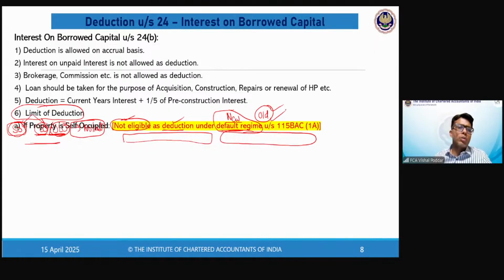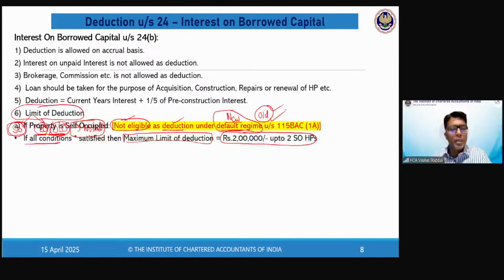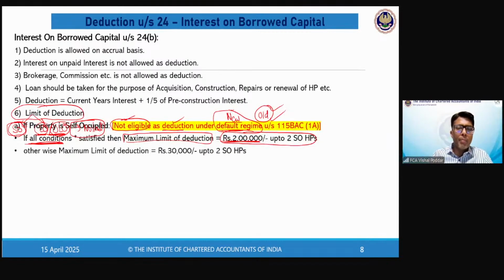But if you want to convert into old regime, then there is a deduction. How much is this deduction? The deduction is up to a maximum limit of rupees 2 lakhs, but this 2 lakhs limit will apply if all conditions are satisfied. Now let me tell you what will happen if you do not satisfy any one of these conditions, then the same limit will be 30,000.